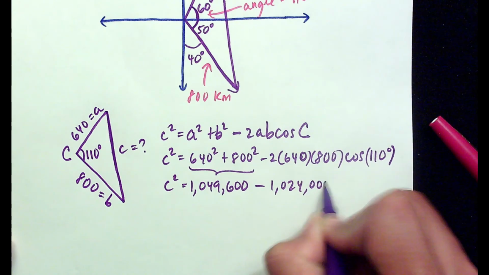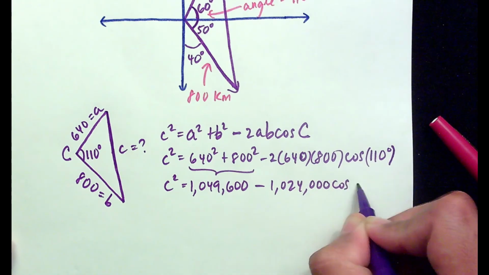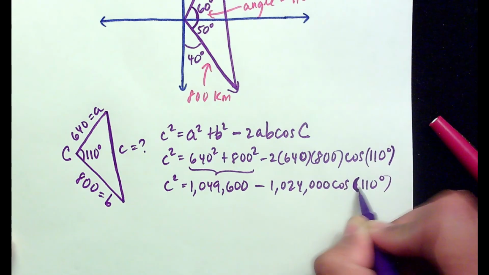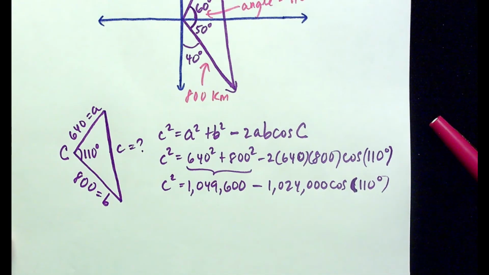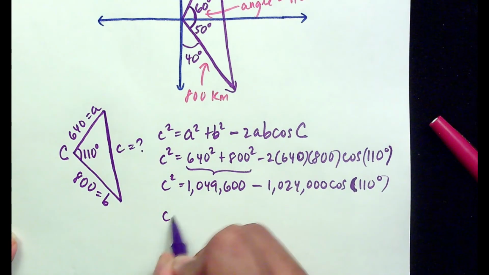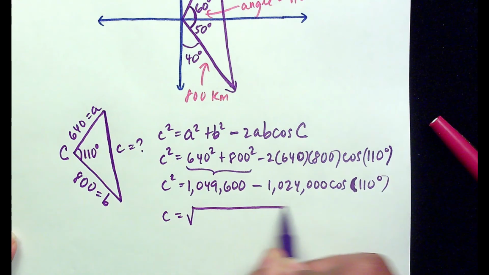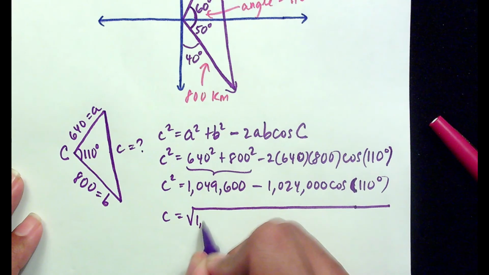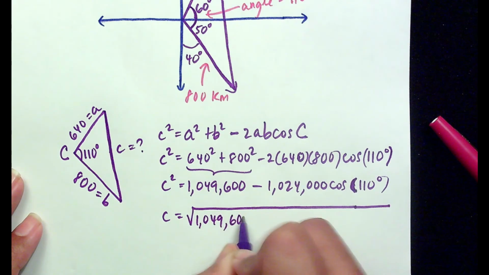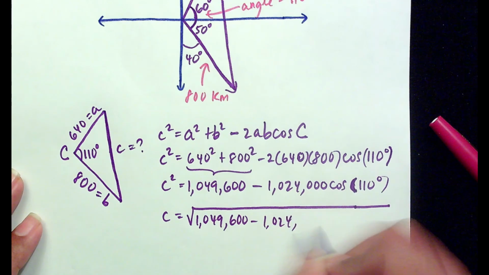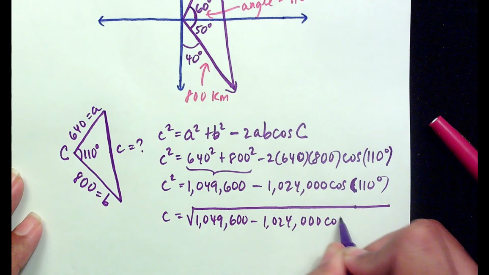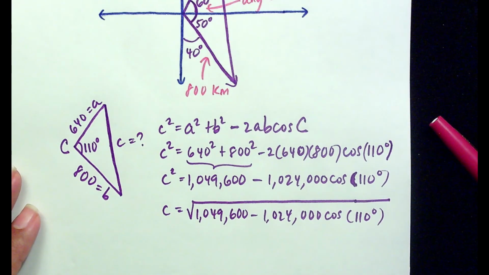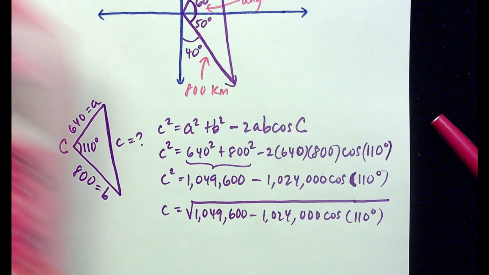And then cosine of 110. So that means c is the square root of this. Okay, good. That is lowercase c. Now we are ready to enter this in the calculator.